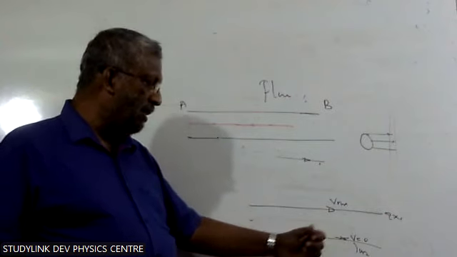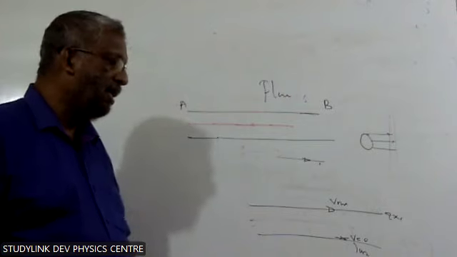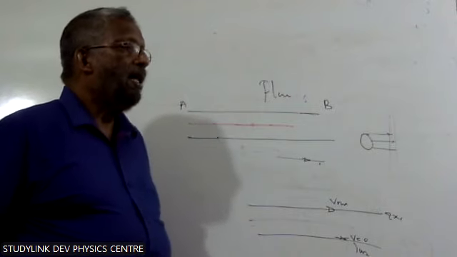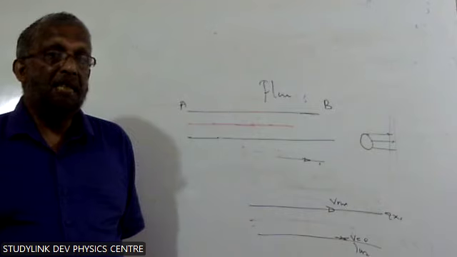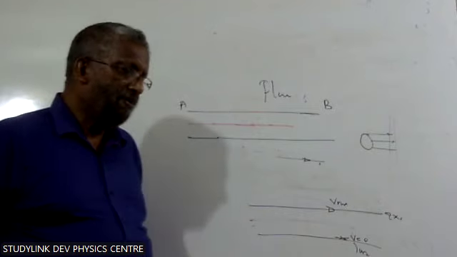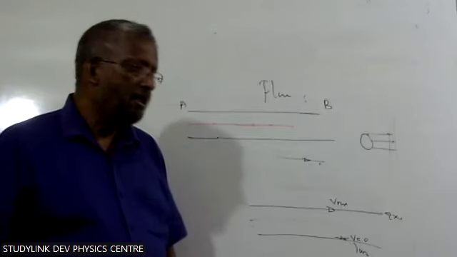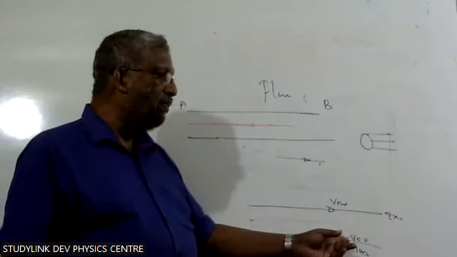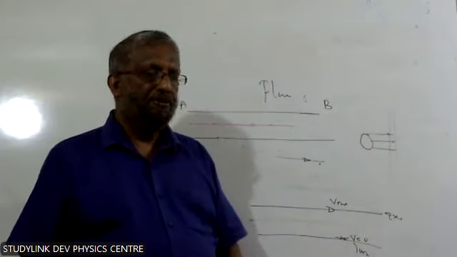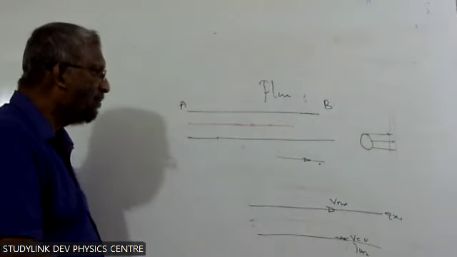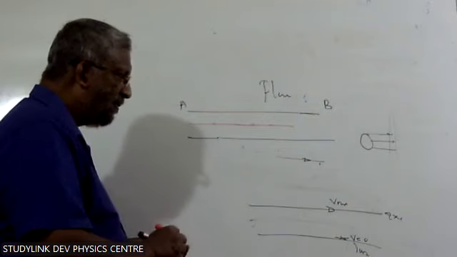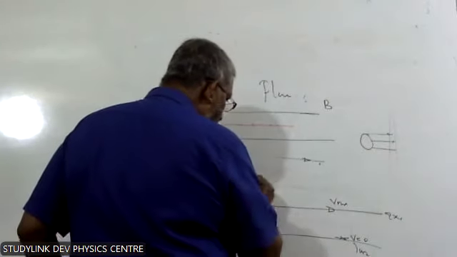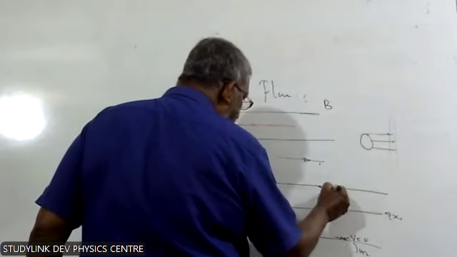The streamlines which are in contact with the inner wall have 0 velocity. In other words, the particles do not move. Just draw like this. Here on the other side, the particles' velocity is 0.